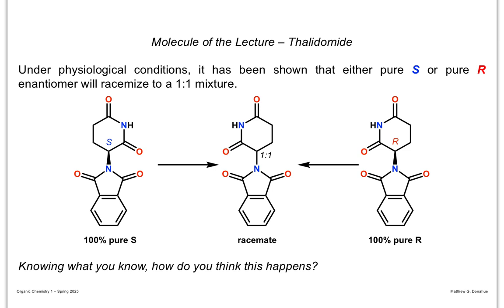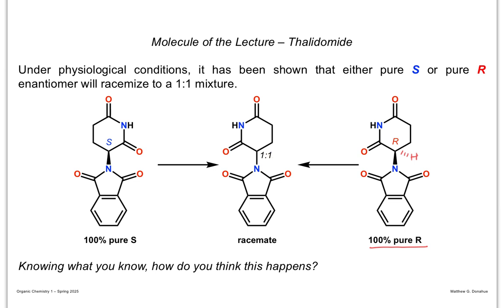Well, if you take the pure R compound, it will racemize to a 1-to-1 mixture. Notice the difference here. I'm showing stereochemistry there, but in this one, I'm just drawing that line. That's indicating the 1-to-1 mixture.